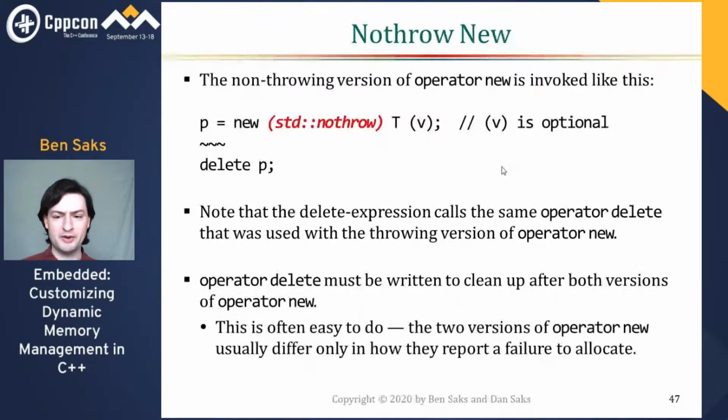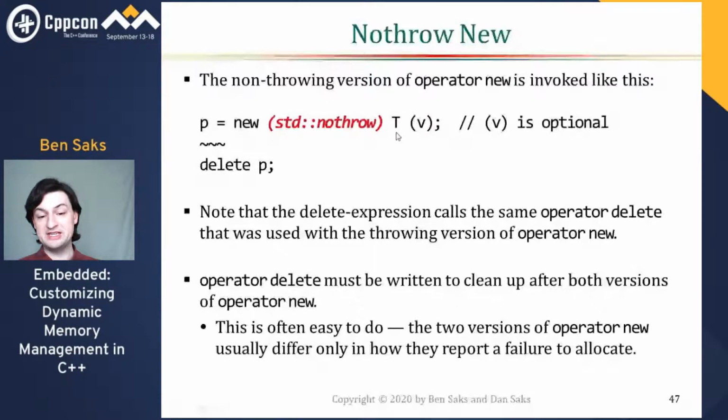So the non-throwing version of operator new, you write the call to it like this. When I said earlier that you can pass arguments to operator new yourself, this is what I was talking about. So here, this expression looks a bit odd, because what's happening is we're using new. std::nothrow here is an object of type no throw being passed as an argument to operator new.